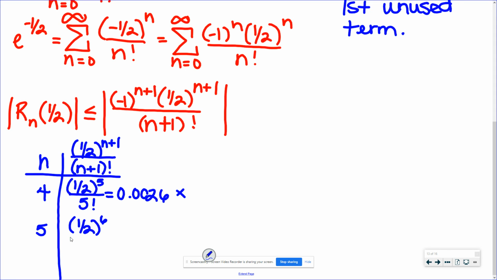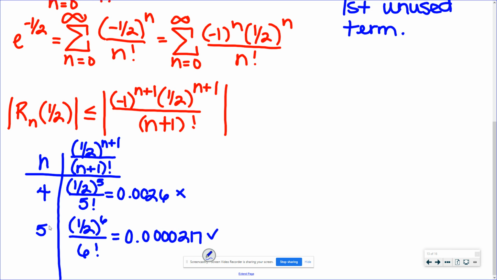So the next value of n is 5, which would give me (1/2) to the 6th power over 6 factorial. And that is an answer of 0.0000217. This answer is accurate to 4 decimal places because the first 4 decimal places are 0. Meaning if you added this number to a value, the first 4 decimal places would not change because there's nothing in it.